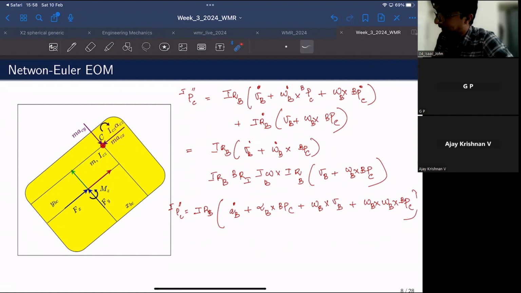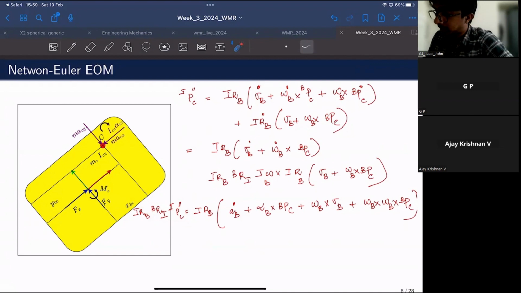If I pre-multiply this term with R transpose, nothing is going to change. I can easily do that because IRB then BRI, nothing is going to change, since R transpose R is nothing but the identity matrix. And if I take this term here, what will we end up with on this side?